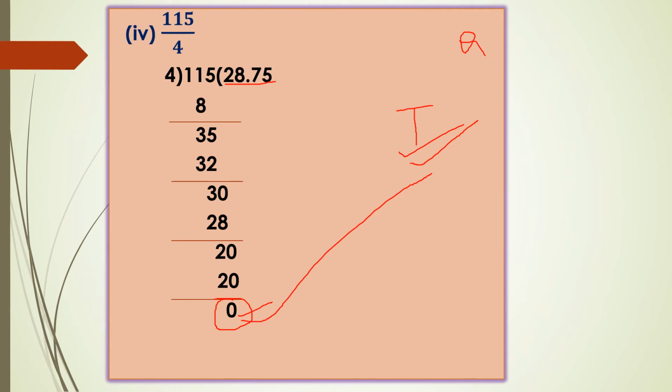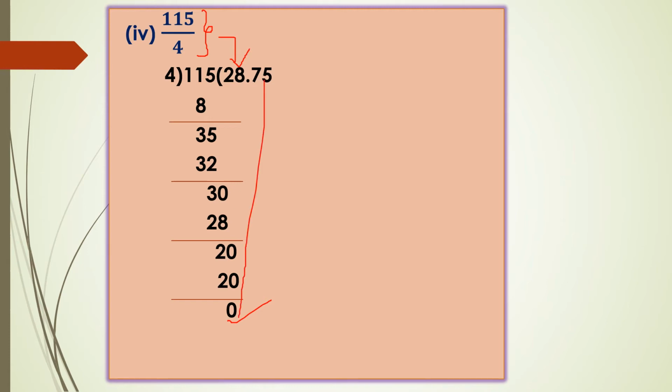So here you got the remainder 0, and we changed this p by q form number into a decimal expansion with remainder 0. Therefore 115 by 4 is equal to 28.75. Clear? Then we'll go for the next problem.